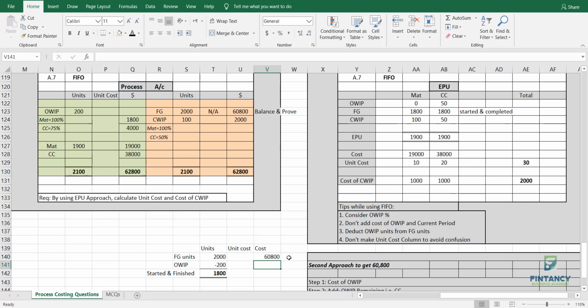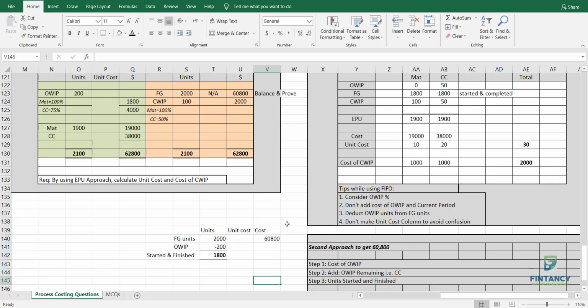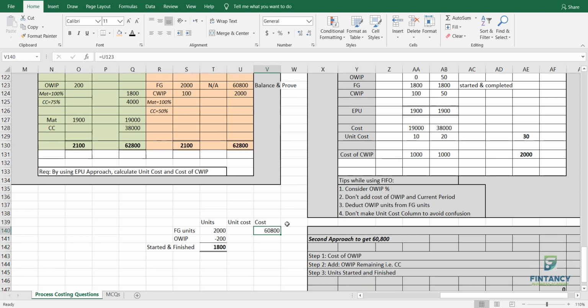Got it, everyone? I am saying the cost of these 2000 units is 60,800. It means that this 60,800 is a combination of these two figures. What is the combination? Because 200 units are coming from the opening stock and 1800 units are coming from the started and finished. Okay, so that's why you have to classify like this.